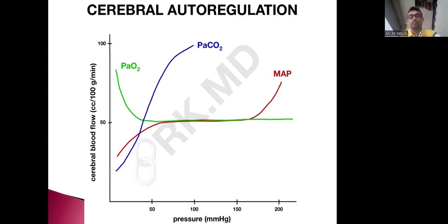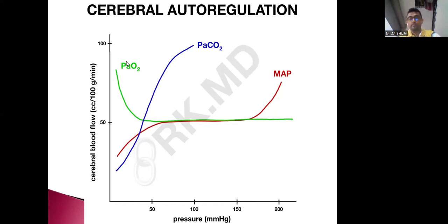So when you have increased carbon dioxide, that means the glucose amount is low. So the blood vessels are vasodilated and the blood supply increases, to try to get more oxygen to the brain. So tell me, what is the major energy substance of the heart? You have to find it out. That is one of the true-false MCQs.